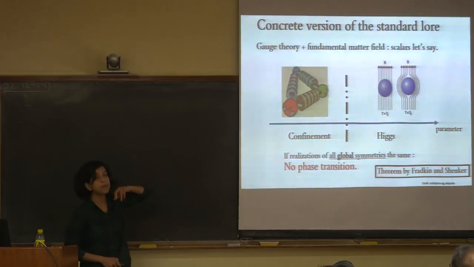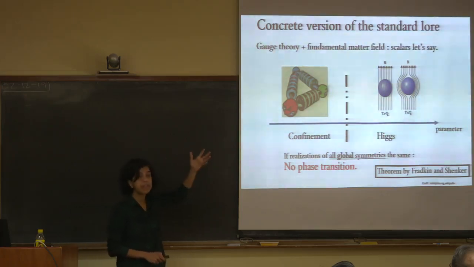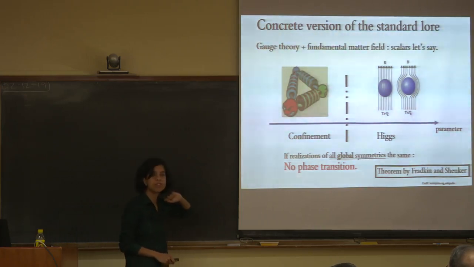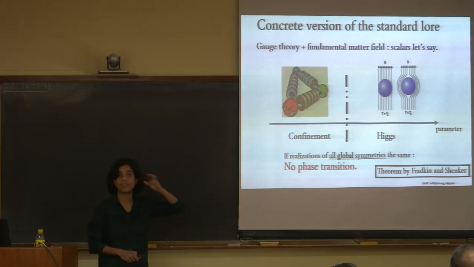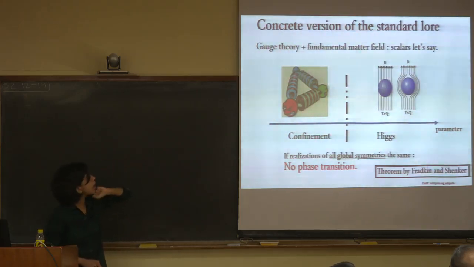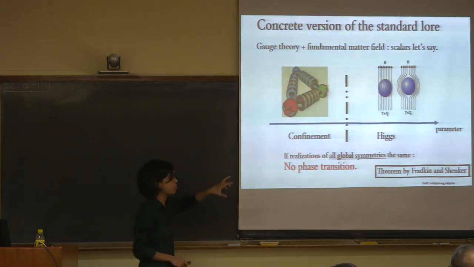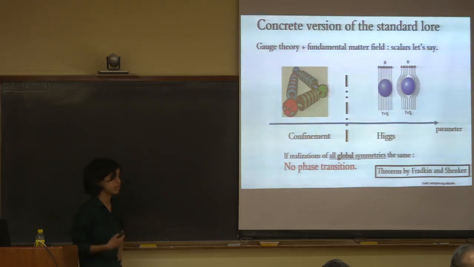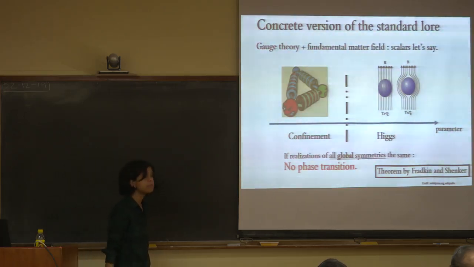Let's say your matter fields are scalars, and you can dial a parameter in your potential to go to a regime where the scalars have a vacuum expectation value and gap out all the gauge bosons via a Higgs mechanism. And then there's another region where the scalars are not condensed and you have confinement.